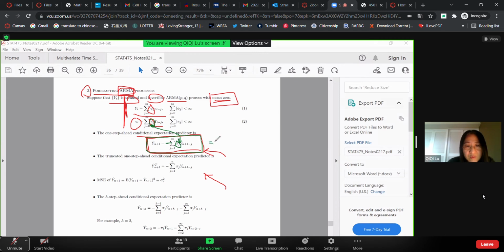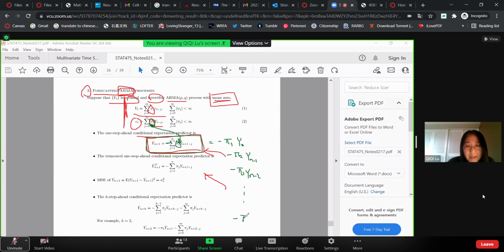When j equals 1, you have negative pi 1, y n plus 1 minus 1. So that's your yn, right? And the second term is negative pi 2, and j equals 2, n plus 1 minus 2, that's y n minus 1. And pi 3, you have y n minus 2.